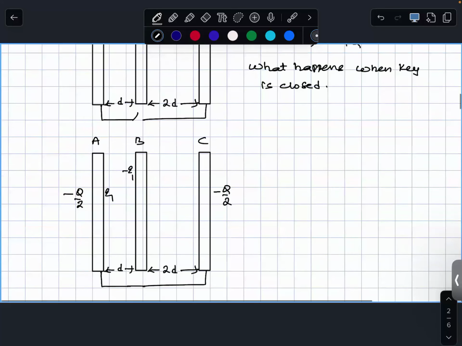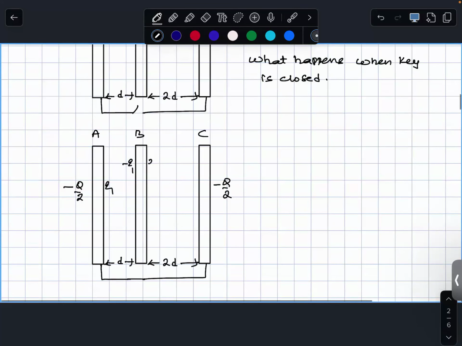B is 2q actually. So practically this will be 2q plus Q1, and an equivalent minus charge. Okay. Got the point? Right.